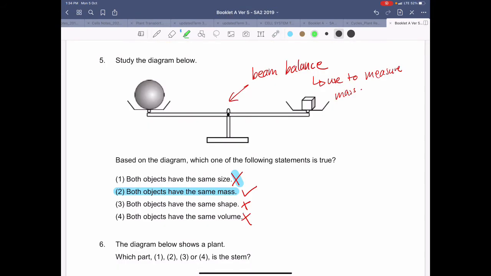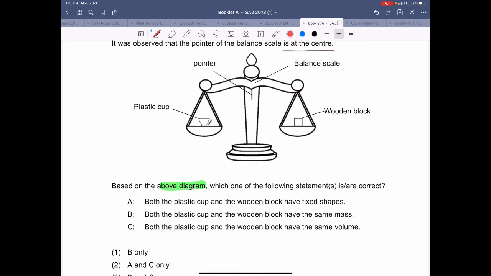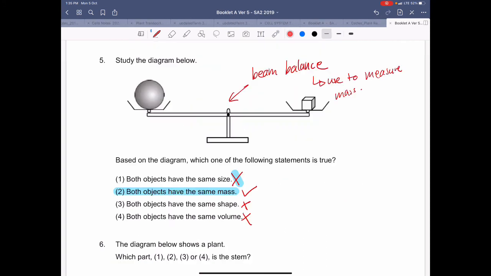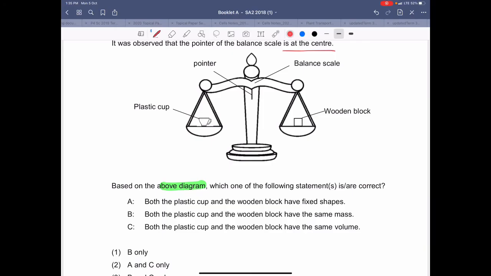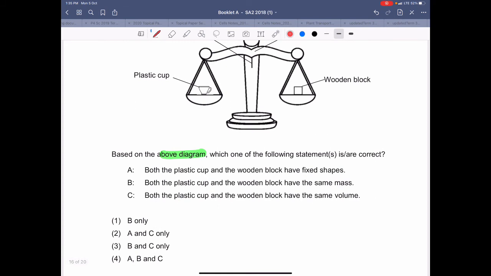Okay, you should cross this out because the experiment is not trying to find out whether or not they are a fixed shape. B. Both plastic cup and wooden block have the same mass.